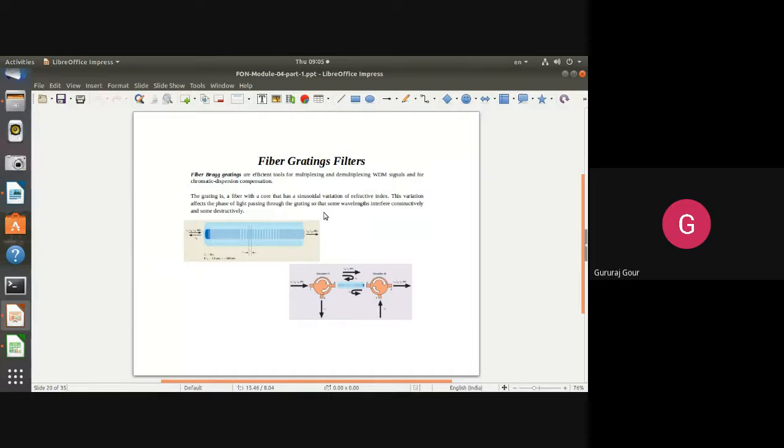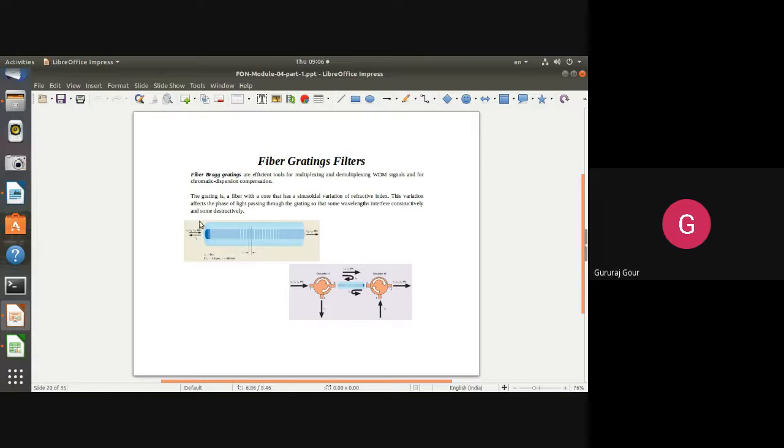Next we have seen the implementation of an add drop multiplexer using fiber grating filters, using two 3-port circulators and one fiber grating filter. Here the fiber grating filter is able to reflect only one wavelength at a time. This feature is defined by the sinusoidal variation of its refractive index.